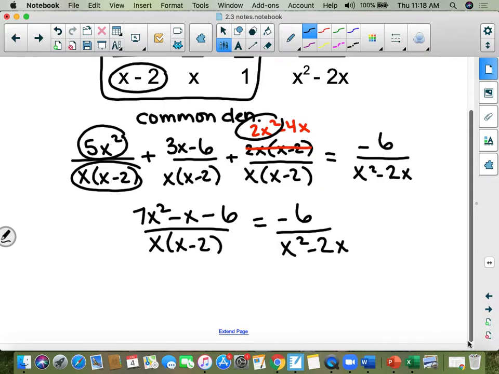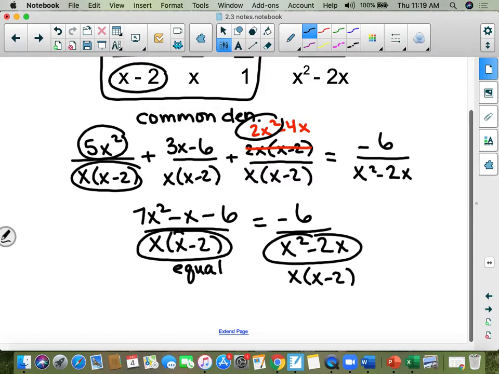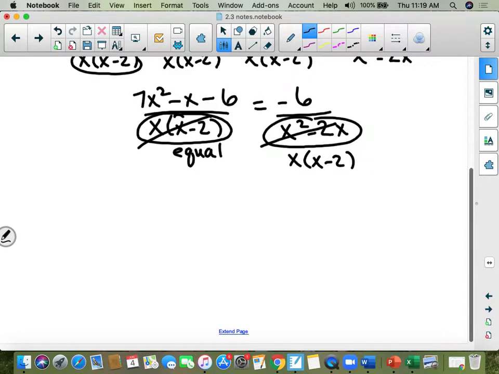And if you're in college algebra, you should notice that this one down here and this one down here are equal. If I took out the GCF, they're exactly the same, which will save you time. Cancel out and cancel out. So we have 7x squared minus x minus 6 equals a negative 6.